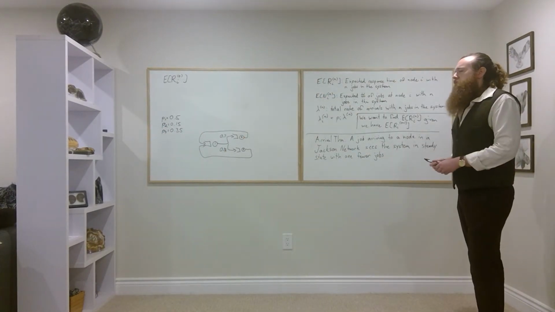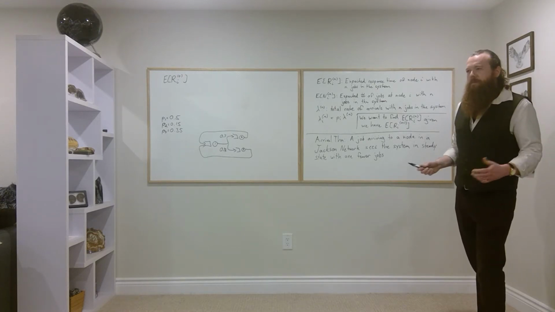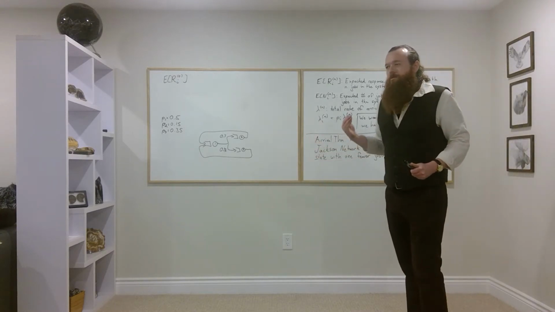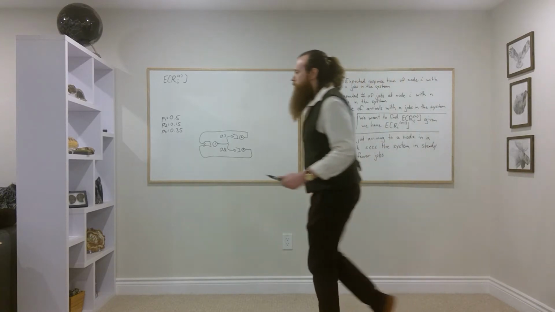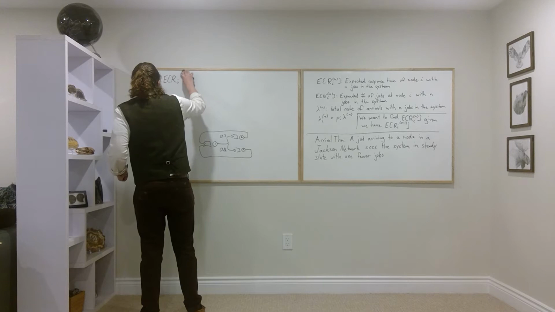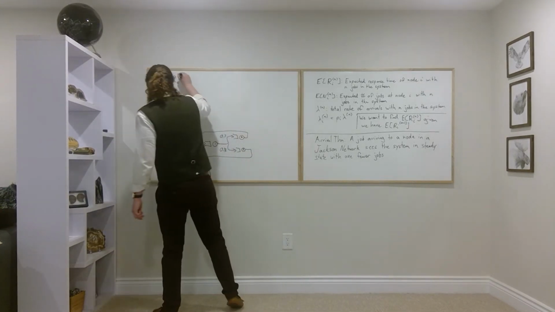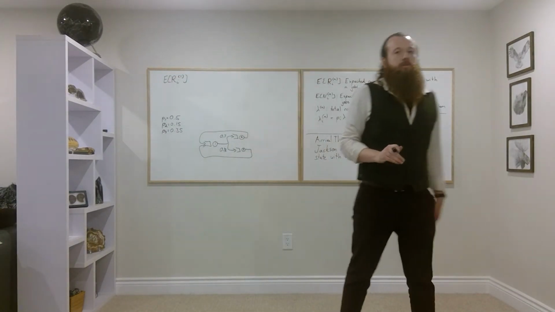Well, what's the expected response time of node i if there's 0 jobs circulating through the system? I mean, that's kind of weird to think about, right? There's no jobs in the system, so it doesn't really have a response time. Maybe you could think it's 0. That might be a reasonable conclusion. But let's avoid that intellectual gray area, and let's just see if we can solve. Well, what if there's one job circulating through the system?